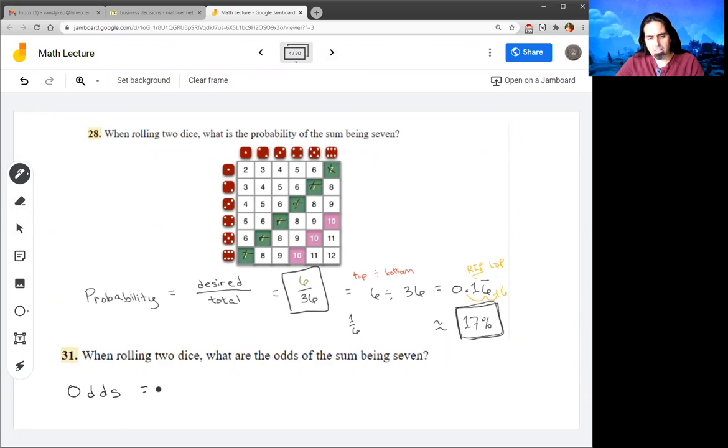It still has desired on the top, but the bottom is undesired. So in this case, it still has the 6 green ones. But on the bottom, how many aren't green? We'd have to take the 36, remove the 6 green ones, and have 30 left.